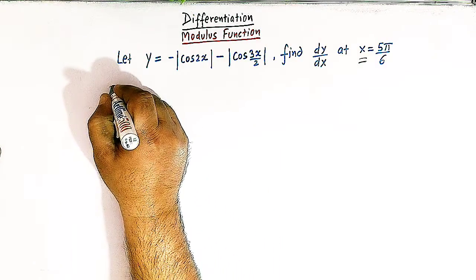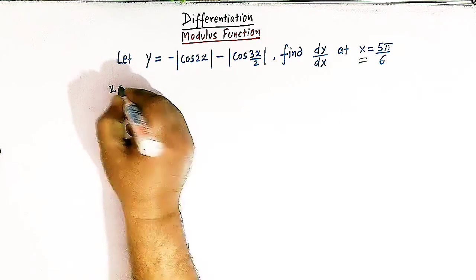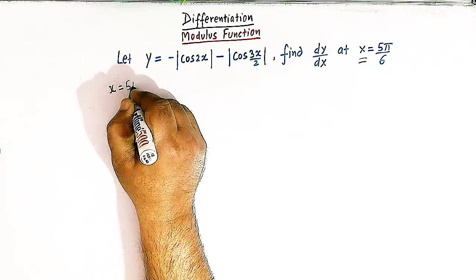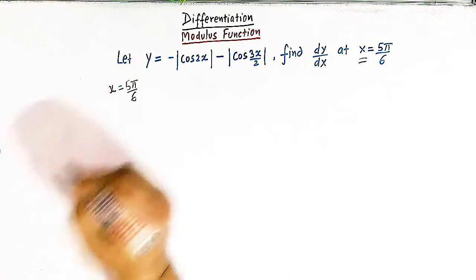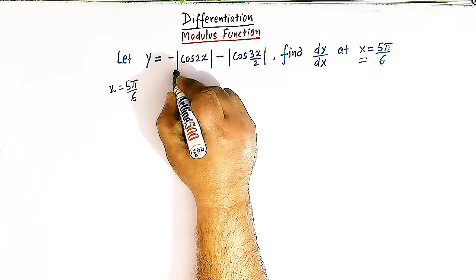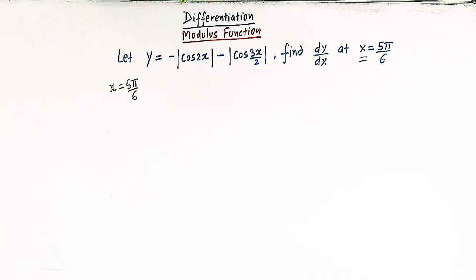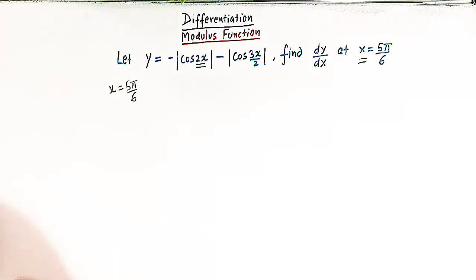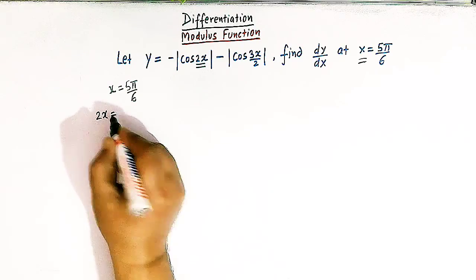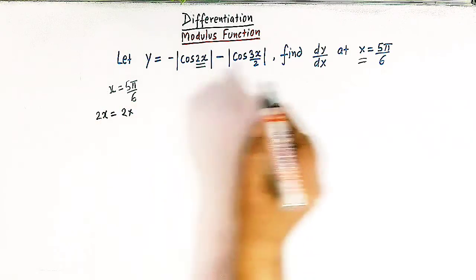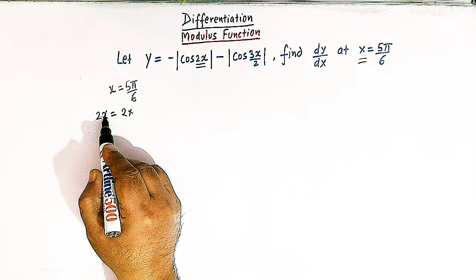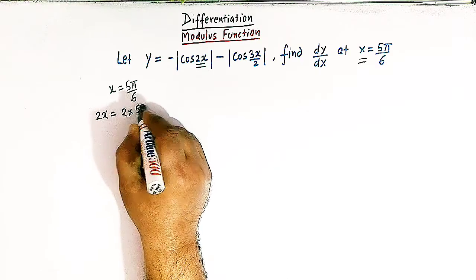Now see, we have to find the derivative of y with respect to x at this point, that is 5 pi by 6, right? Now see, here we have mod of cosine of 2x. And now if we look at this angle, then we have 2 times x, right? So 2x is equal to 2 times, because we have to evaluate the derivative at this point, so we'll take x is equal to 5 pi by 6.